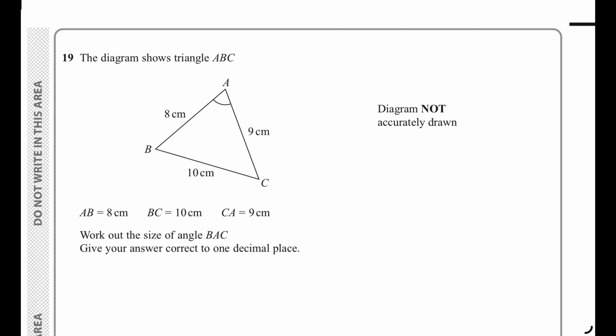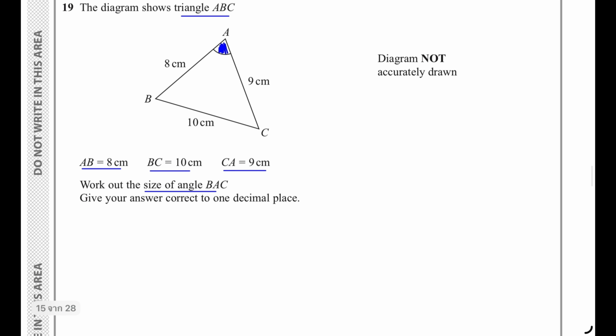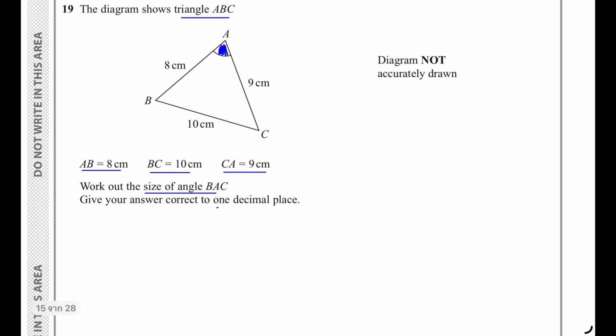Question 19. The diagram shows triangle ABC. AB equal to 8 centimeters, BC equal to 10 centimeters, and CA equal to 9 centimeters. Work out the size of angle BAC, which is this one. Give your answer correct to 1 decimal place. So in this question, we have to use the cosine rule.